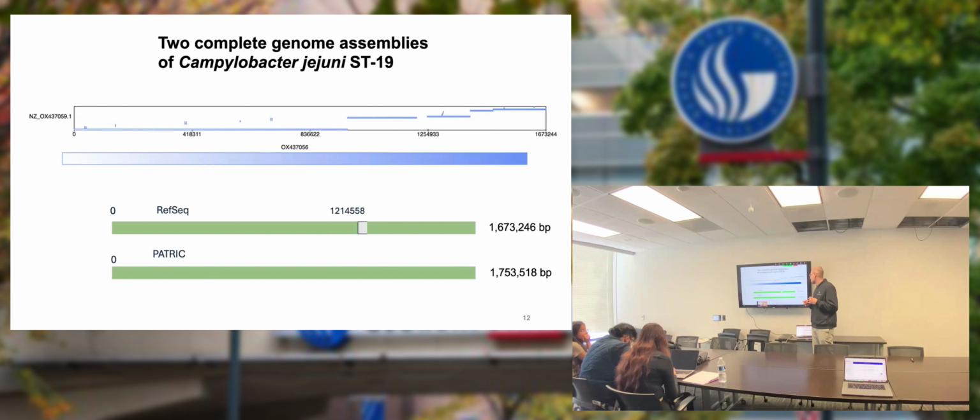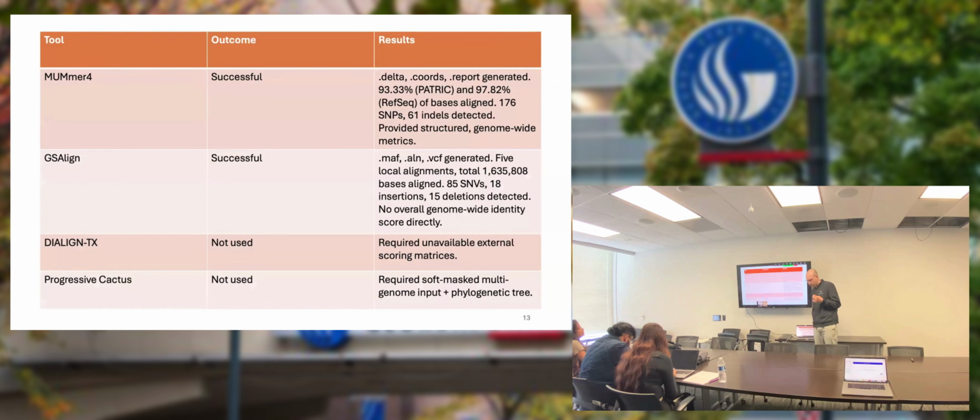From this visualization, you can see that there is this gap. Basically, this image I made myself. And just to illustrate this gap, it's at this position, 1, 2, 1, 4. I used this real example first to try it with every tool, to align these two genomes.